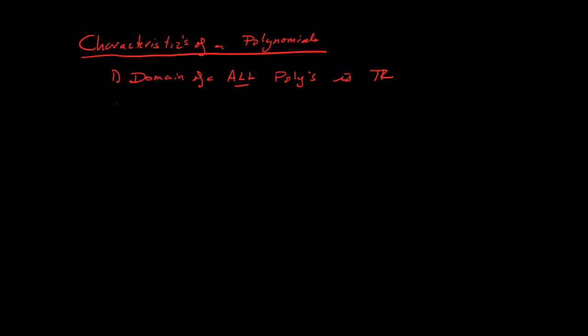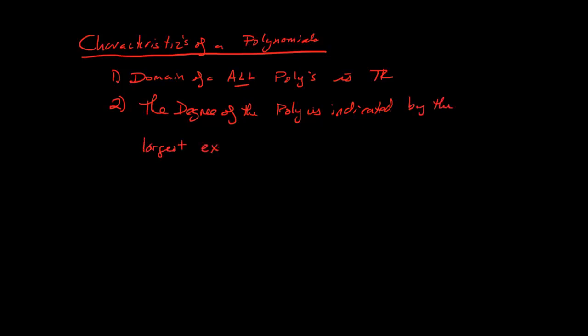We also know that the degree of the polynomial is indicated by the largest exponent of the x values. If there are multiple x values, the degree of that polynomial is indicated by the largest exponent.